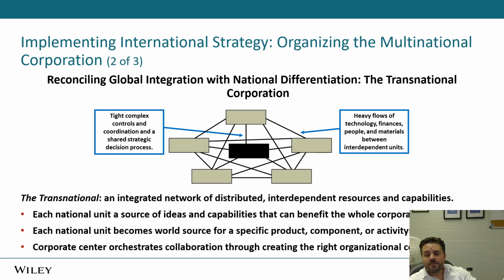Each of those is still in use today, and which one is better depends on the type of product. If it's something that can be globalized, where it's just the same standardized product sold to a global market, a highly centralized structure would work well. If it needs large amounts of local differentiation, maybe a more federated structure or something looser works better.